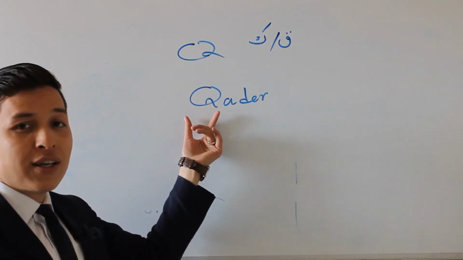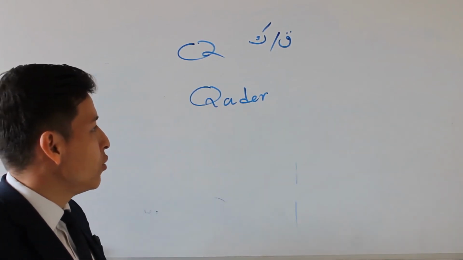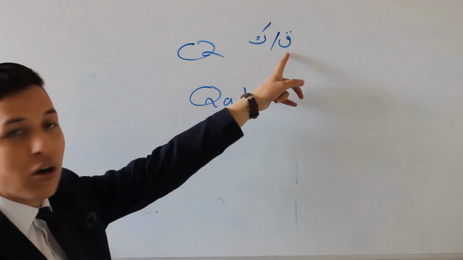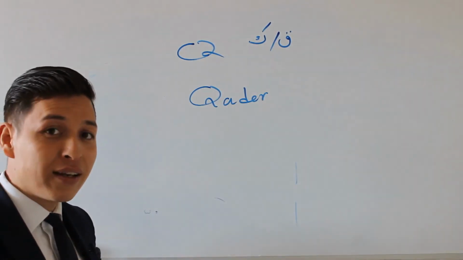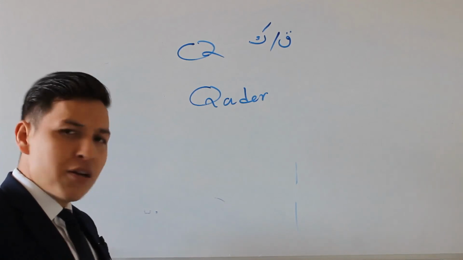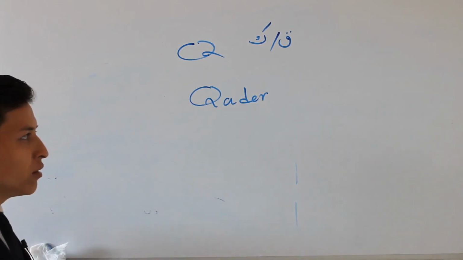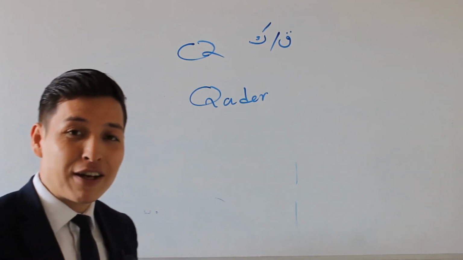But in Afghanistan, in our country, people say that Q is equal to Qaf, like Qadir. But exactly this is Ka. So there are some cultural differences. It means English and Dari are never the same.